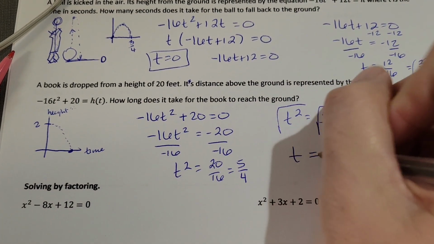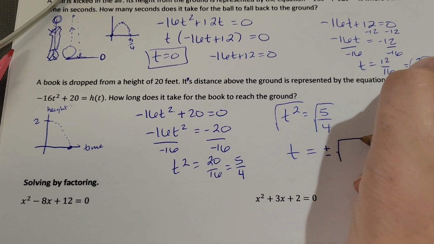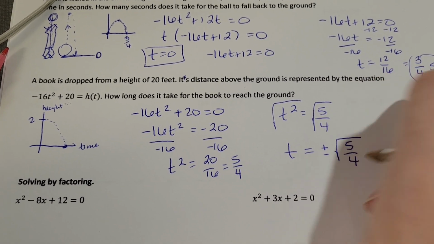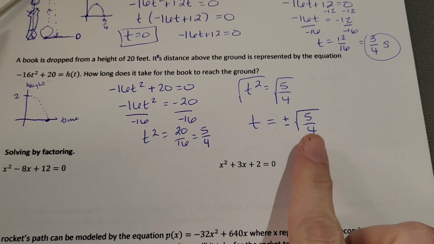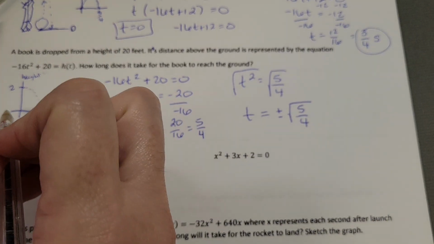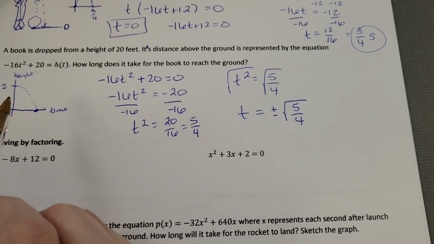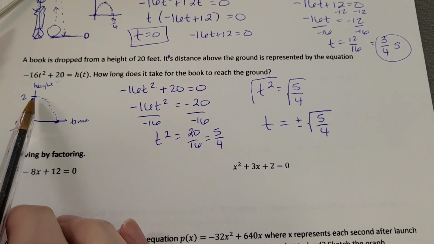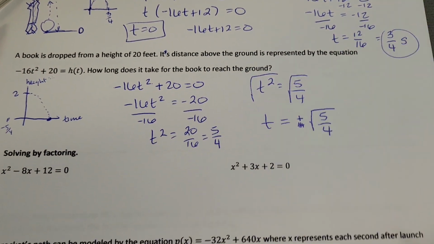Now, I'm going to have a positive or negative square root of 5/4, but only one of those makes sense. At the negative square root of 5/4, this is back here. The book has not even been dropped yet. So we don't really care about the negative.